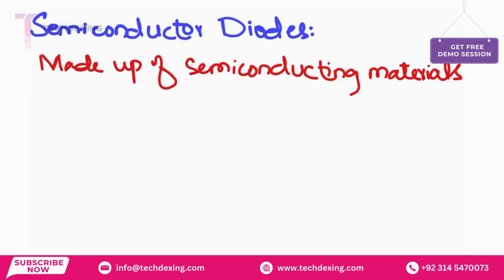Most of the time the semiconductor diode is drawn in this way: there is a circle outside, then there is a triangle shape, then there is a band, and then two lines are drawn in this manner, right? So this is basically the circuit symbol.